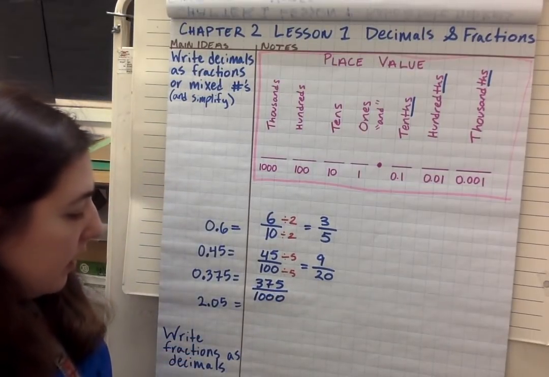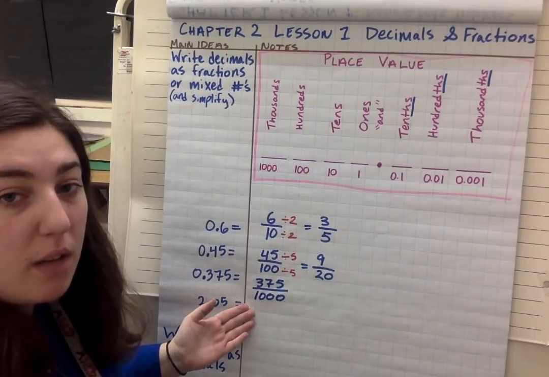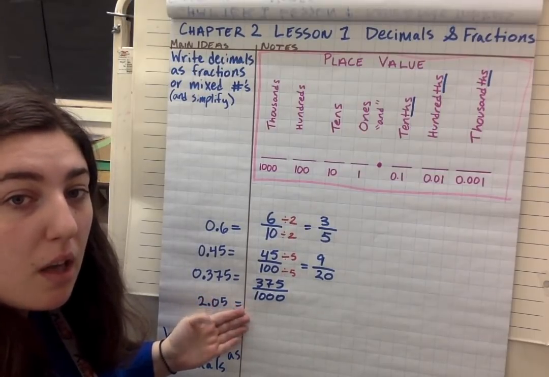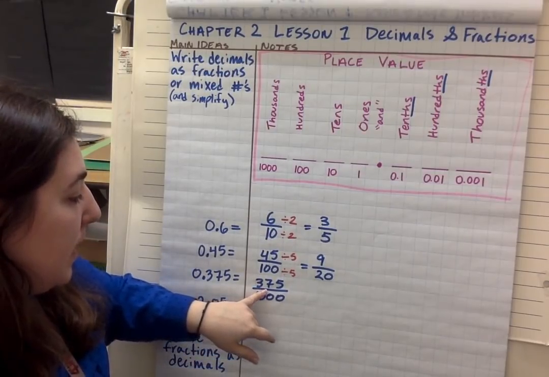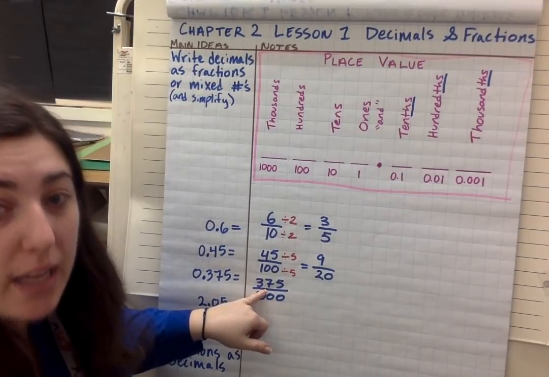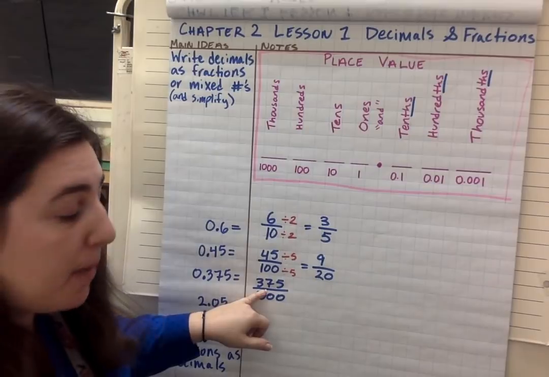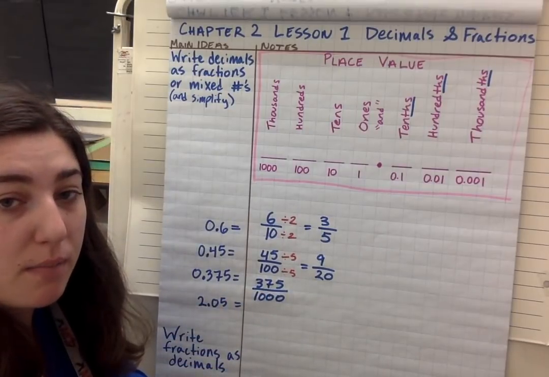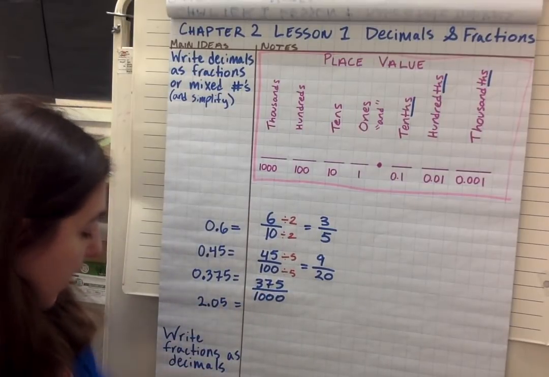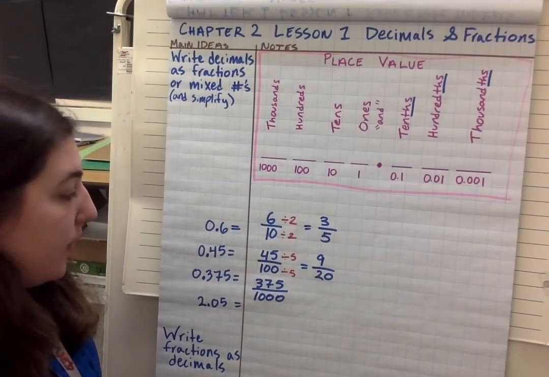Okay, and now I need to simplify this as well. It is a large number, but if I imagine this as being almost like money, I know that 25 goes into 375, just by knowing my number facts, right? 25, 50, 75.